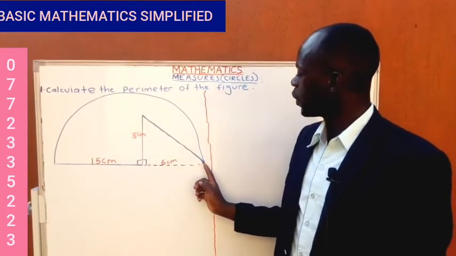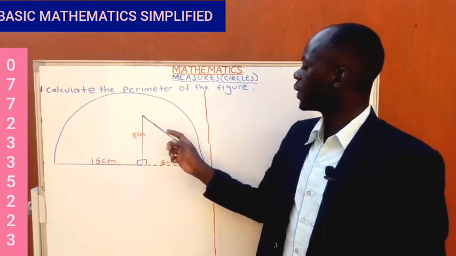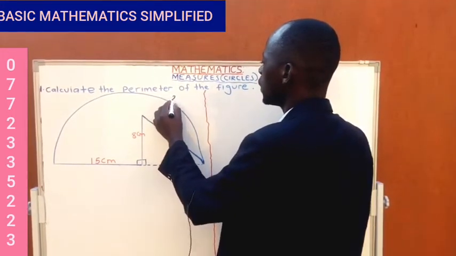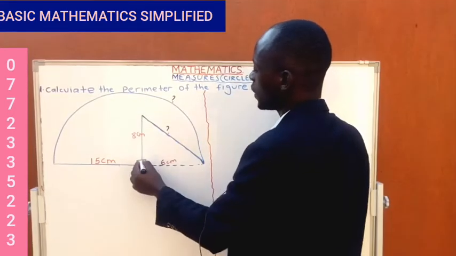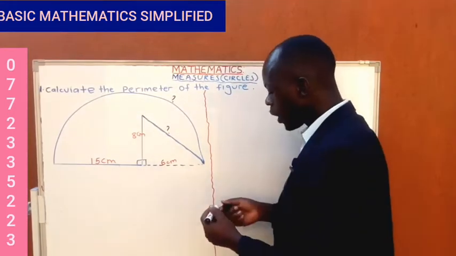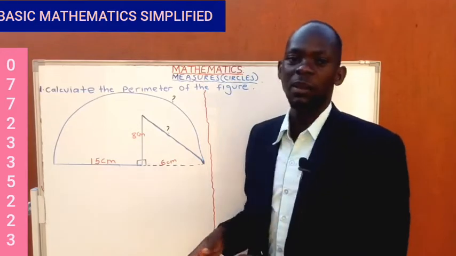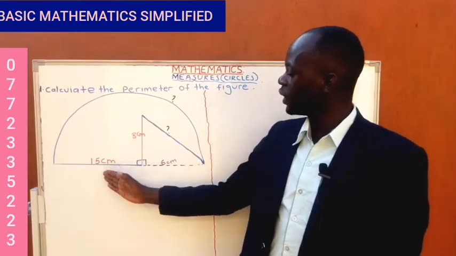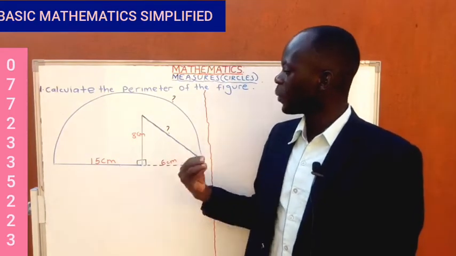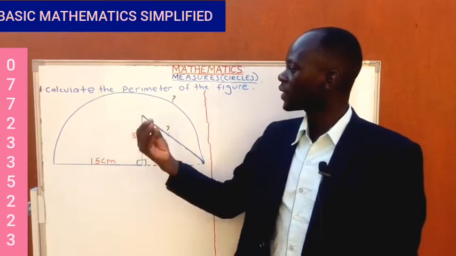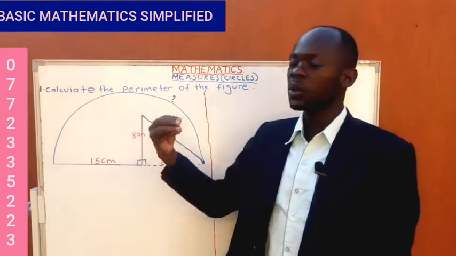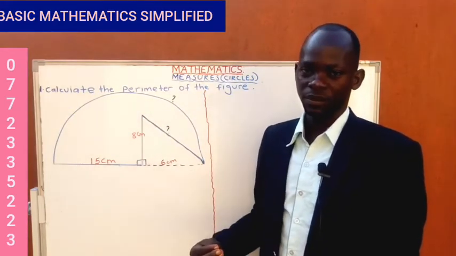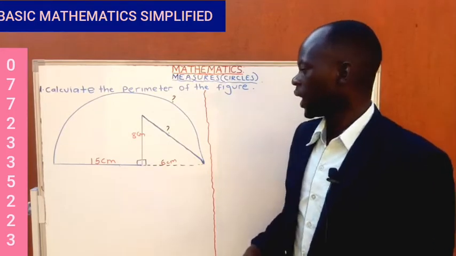Then from this point to here, the length is also not given. So what do we do before we calculate the perimeter? Are we just going to add whatever we are seeing, 8 plus 15? No, we are supposed to follow the rule that the distance round a given figure gives us the perimeter. Are we clear?